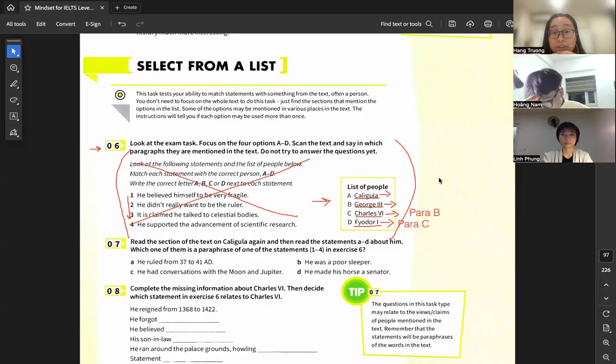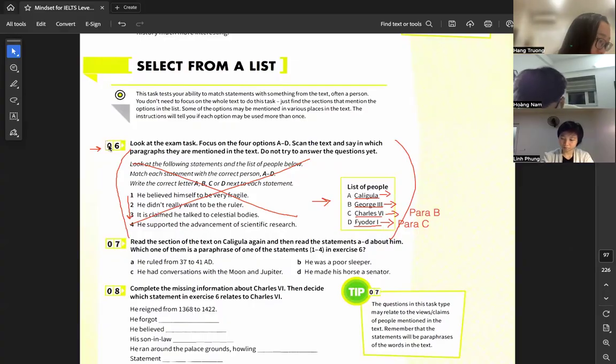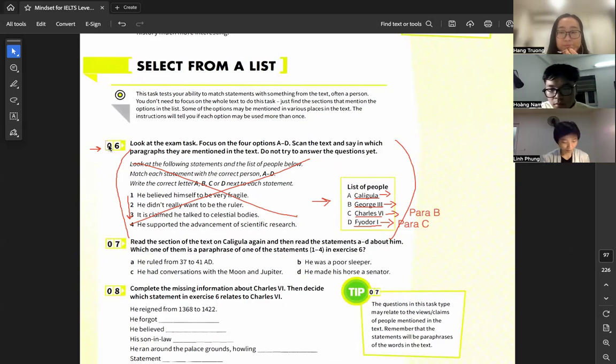Okay, chị Linh already finished with Charles and Fyodor. Chị Linh tìm đúng rồi. Hai ông này ở đoạn B và đoạn C. Okay, Caligula.